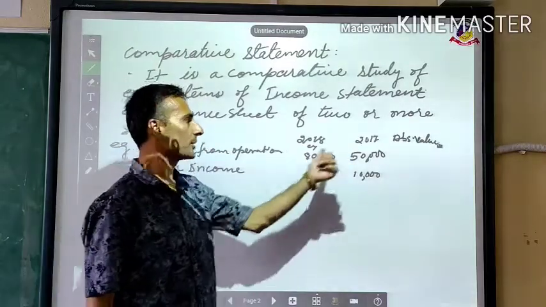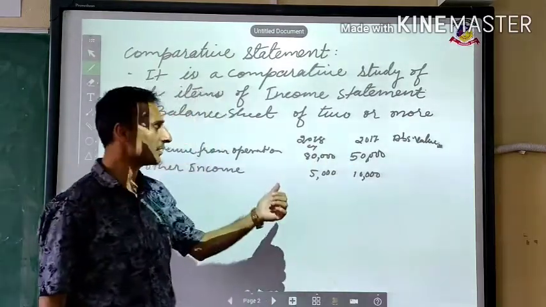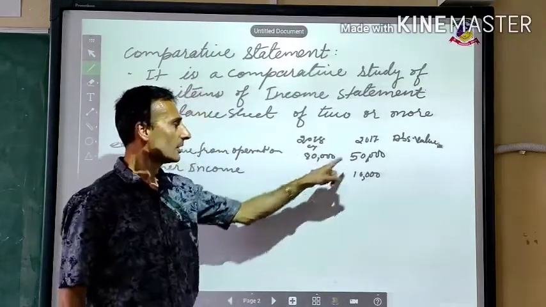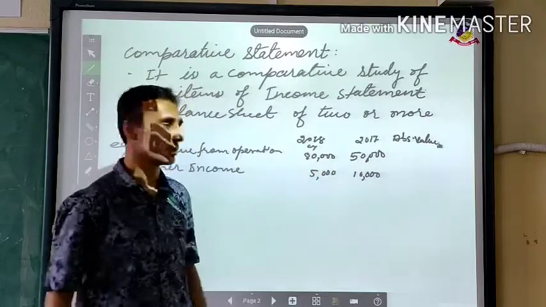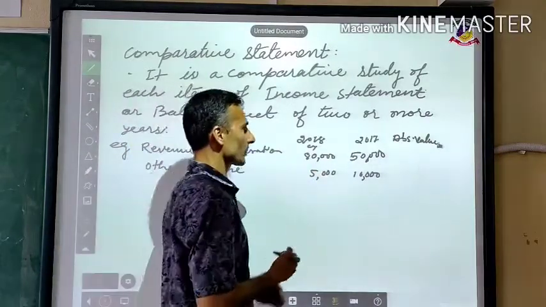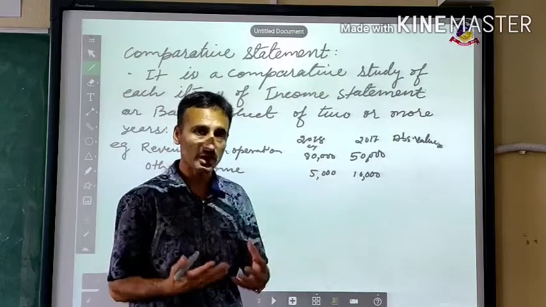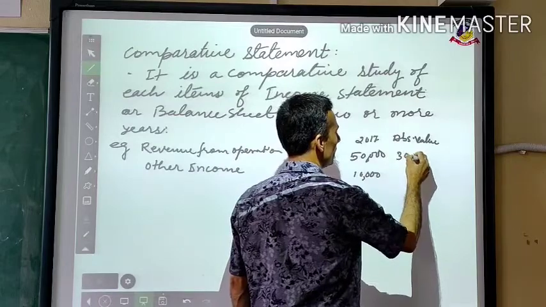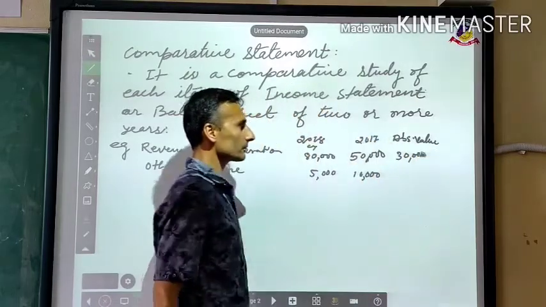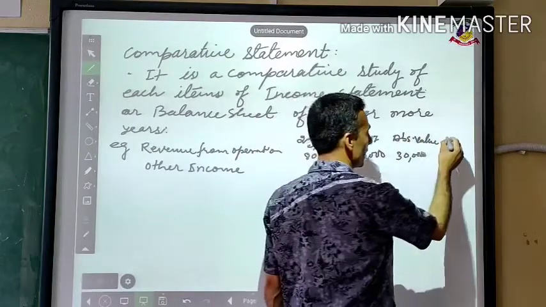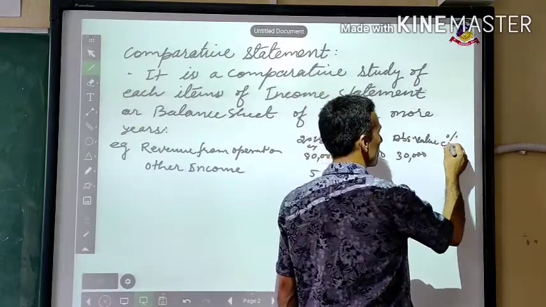When you compare with 2017, you find a value changed in 2018. And what is the change? 80,000 minus 50,000. So this is a positive change, right? It has increased. The value in 2018 has increased. So it's a positive change. So here you have 30,000. Then after finding the absolute value or absolute change, we will find out the percentage change.